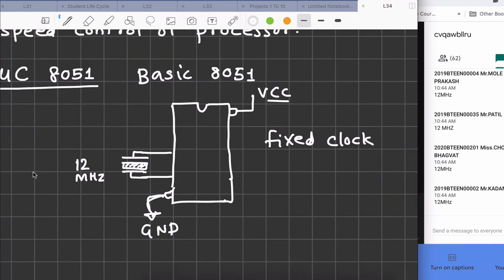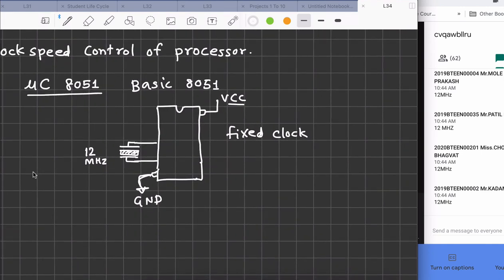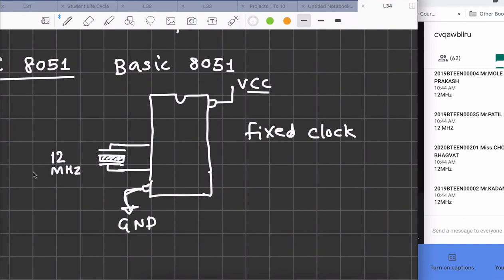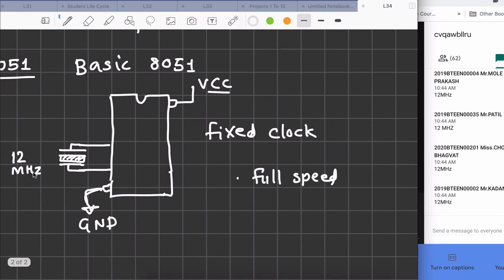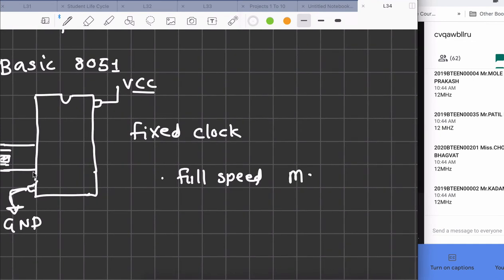Now you want to develop a system which will run at full speed when it is running on mains power, and at slow speed when on battery. How to do that is a different thing, but you want to implement this.